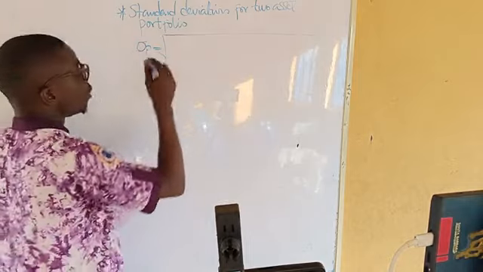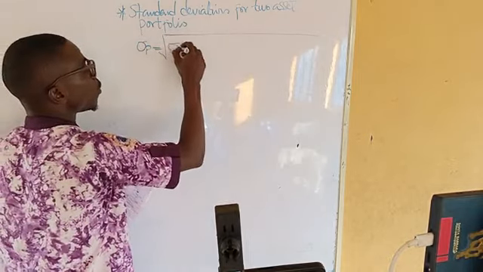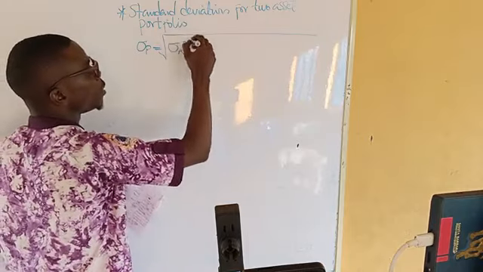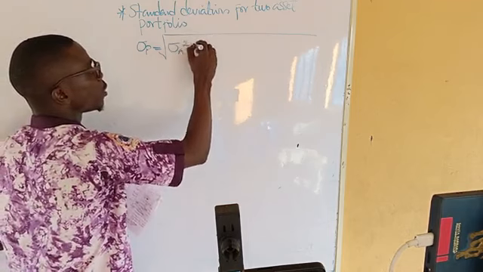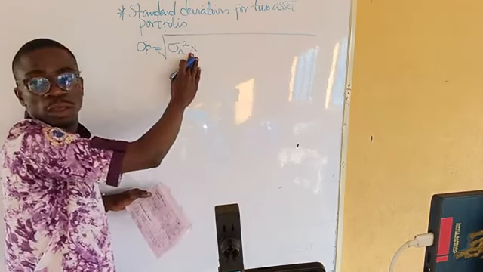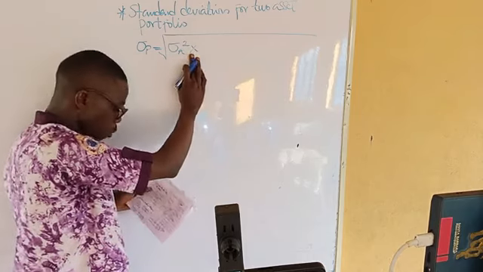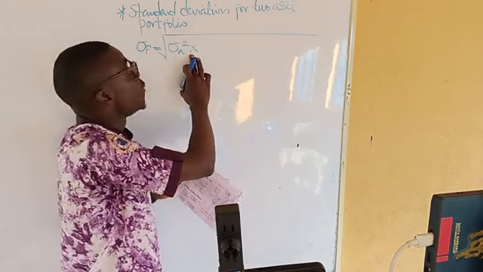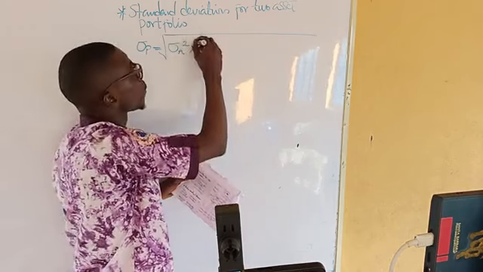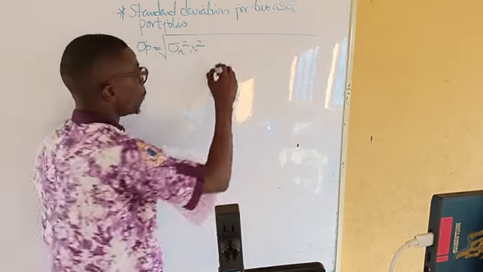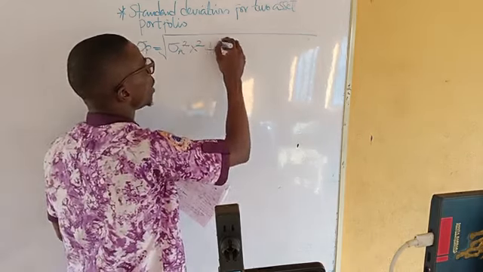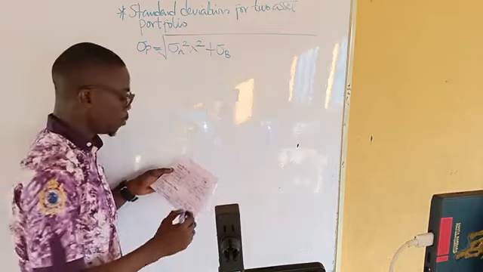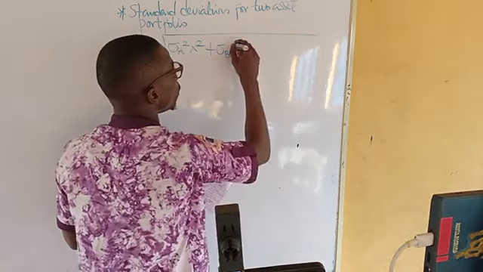It means the standard deviation of investment A raised to power 2 times what? X means the proportion, or the weight of funds, in investment A, plus the standard deviation of investment B. Are we together now?